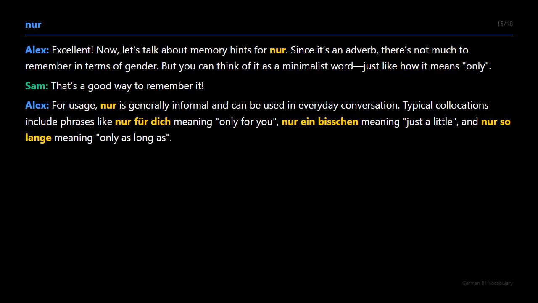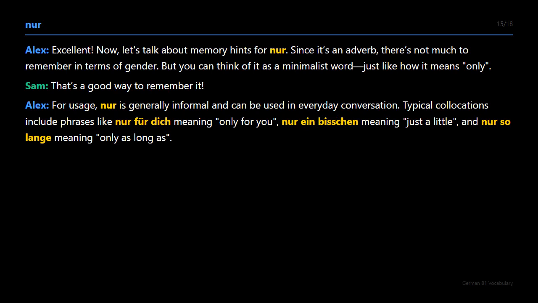Excellent. Now, let's talk about memory hints for Nur. Since it's an adverb, there's not much to remember in terms of gender. But you can think of it as a minimalist word, just like how it means only. That's a good way to remember it. For usage, nur is generally informal and can be used in everyday conversation.